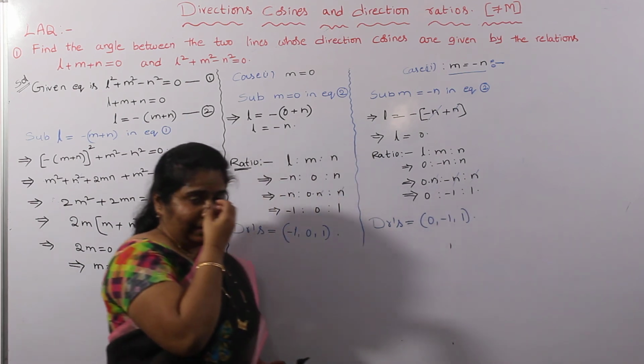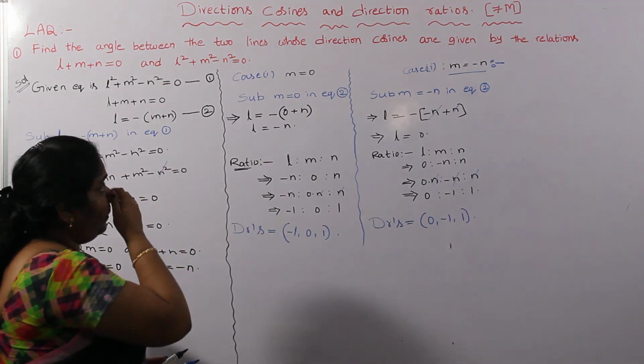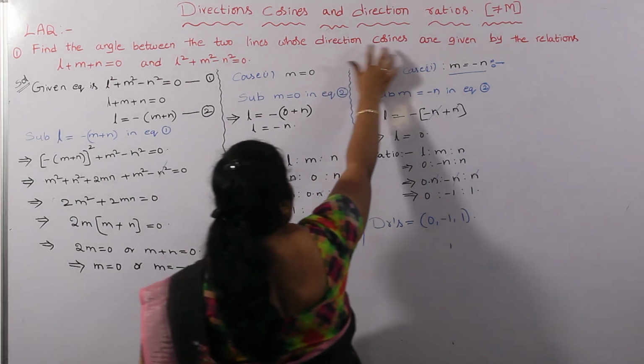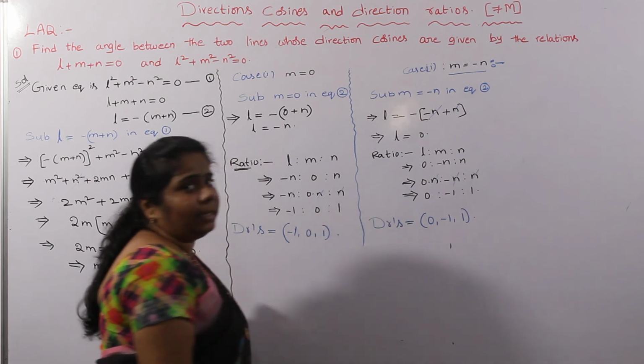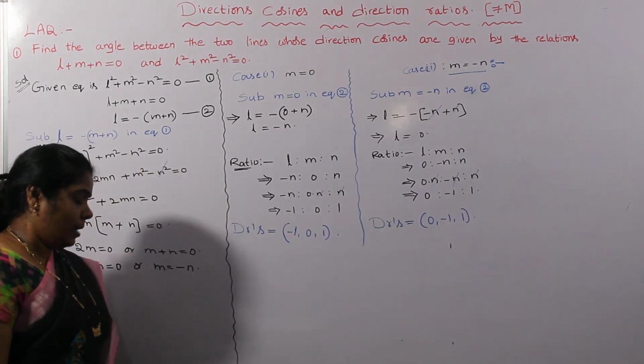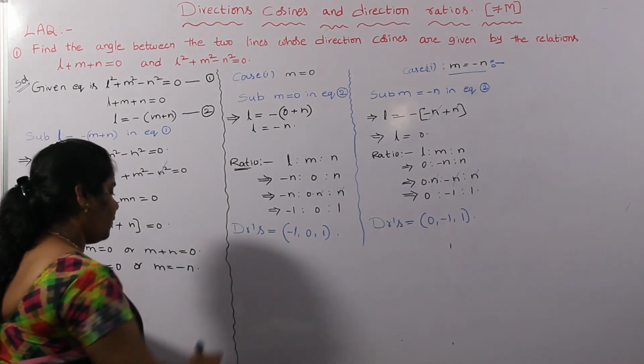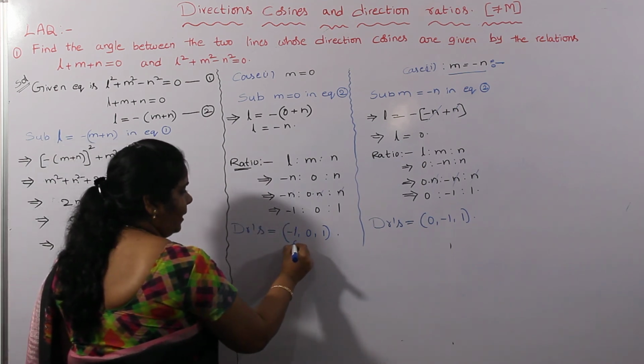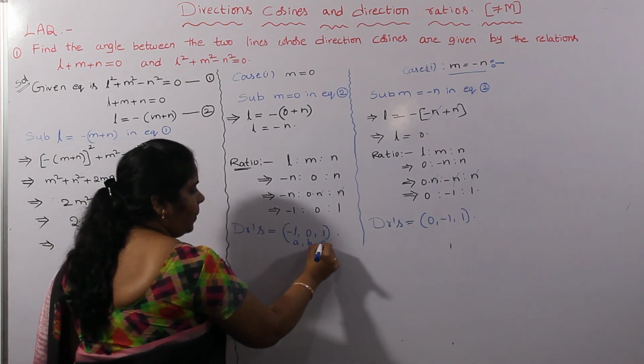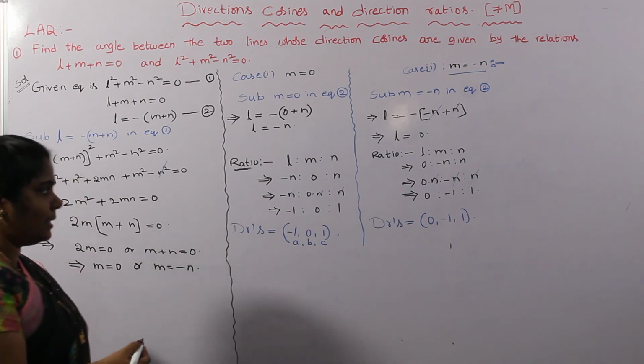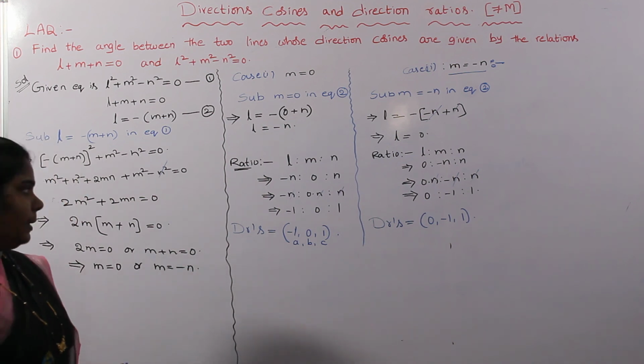From this we get the DRs. But in the problem, we have to find the direction cosines. When DRs are given, find DCs. We have the formula. DRs are generally denoted by a comma b comma c.